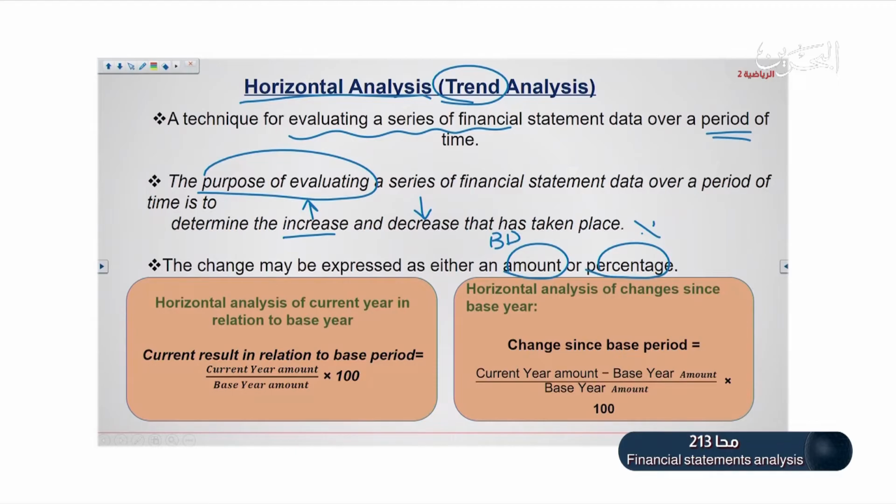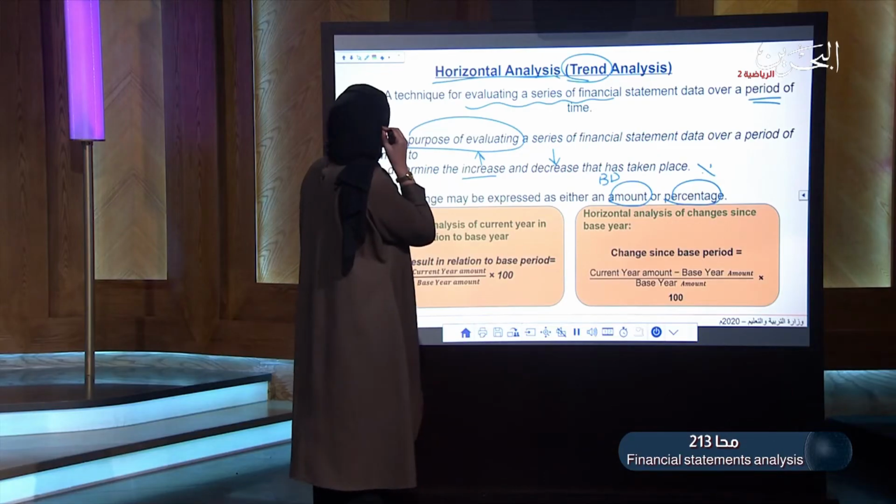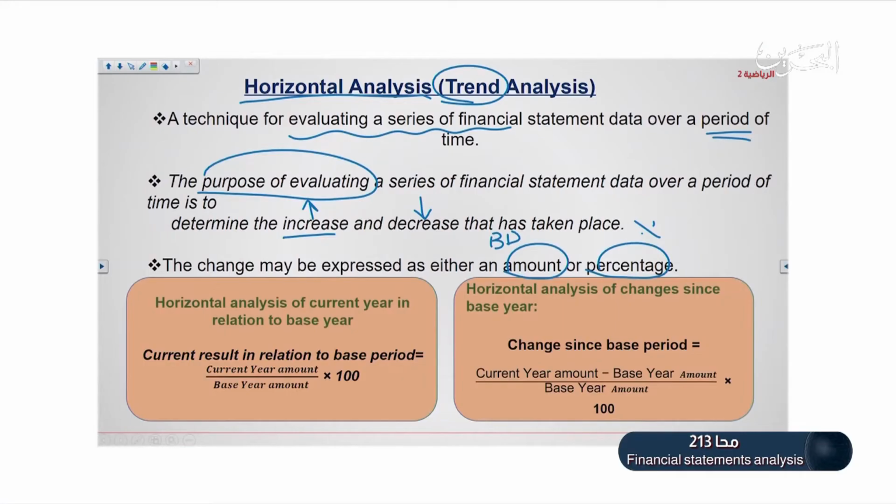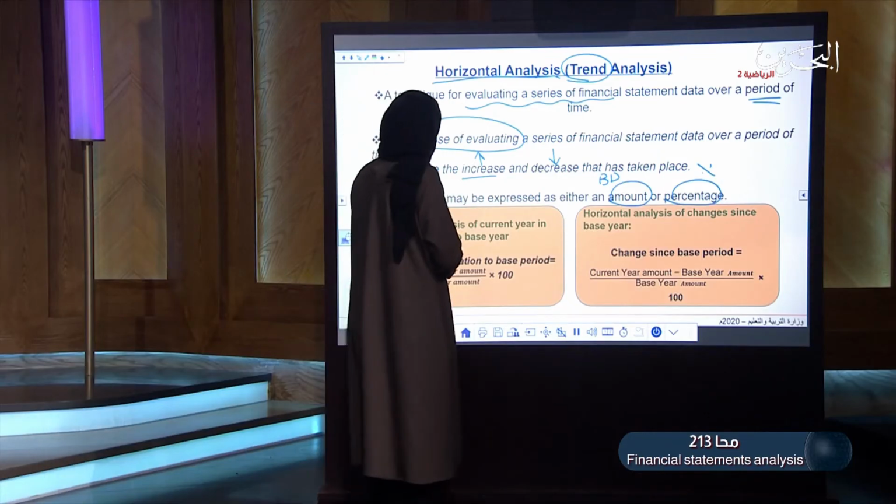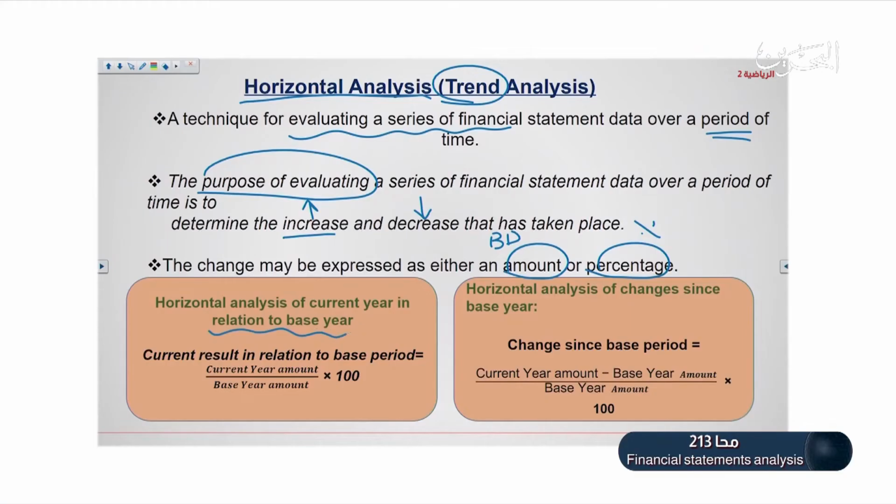We have two formulas for horizontal analysis. First, we will explain properly the horizontal analysis of current year in relation to base year. They have to tell us the relation. So, what is the formula? Current year amount over base year amount.